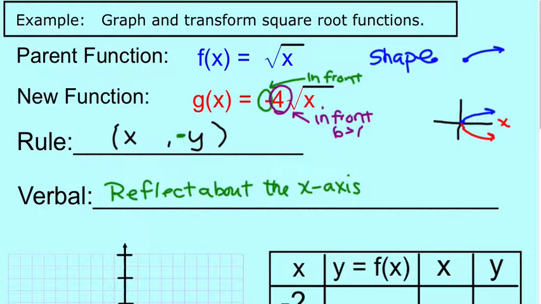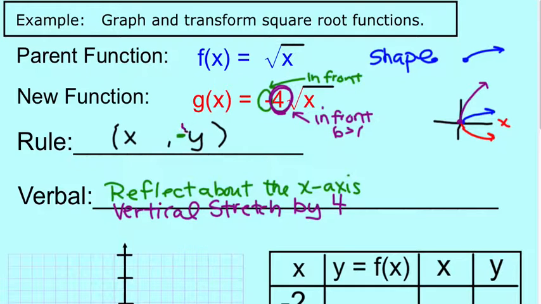So the verbal is a vertical stretch by 4. How that affects our shape is it's going to take that blue parent function and stretch it up 4 times the original amount. And what it's changing is every y value.